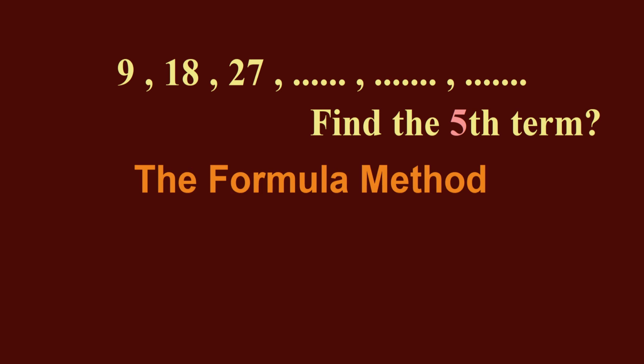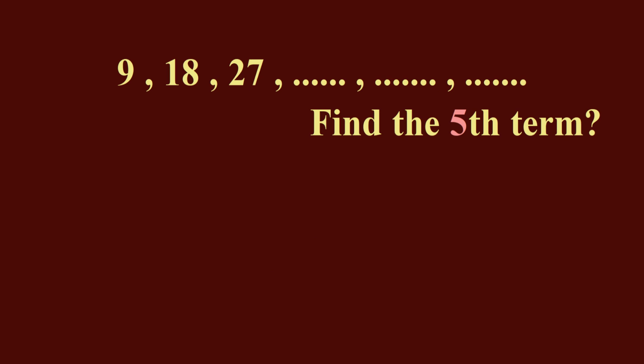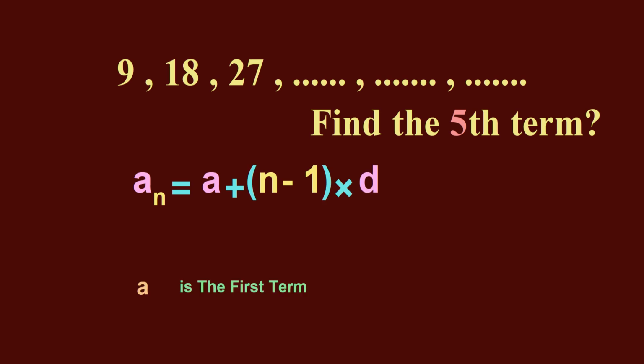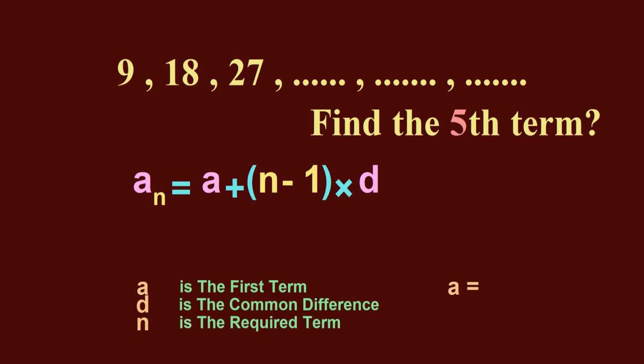In this method, we use the formula a_n equals a plus (n minus 1) times d, where a is the first term, d is the common difference, and n is the required term. From our problem, the first term a equals 9, the common difference d equals 9, and the required term n equals 5.